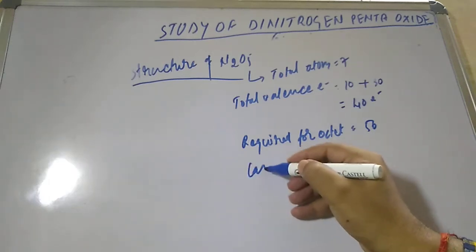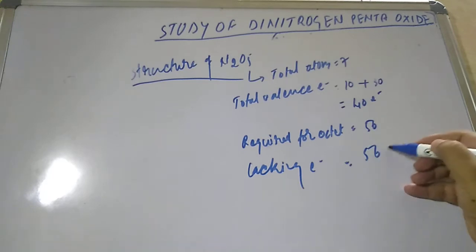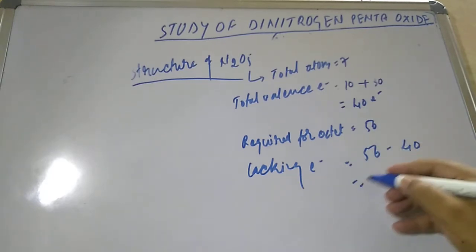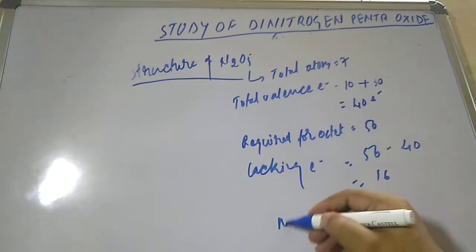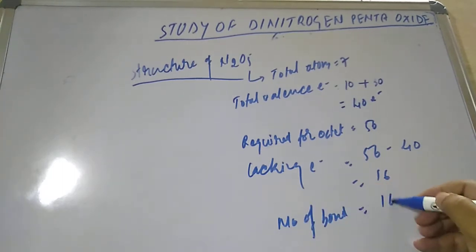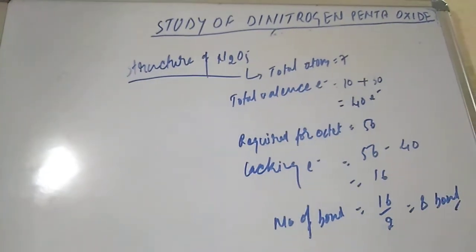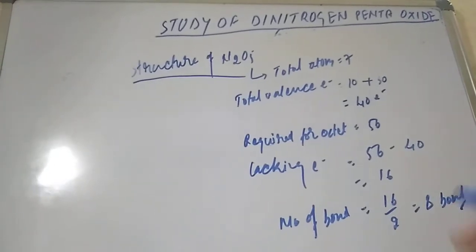Lacking electrons: 56 minus 40, so 16 electrons. Number of bonds: 16 upon 2, so 8 single bonds are required in this molecule. Why divided by 2? Because each bond has 2 electrons.